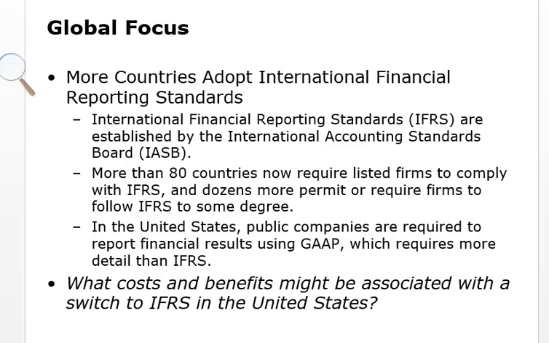In the United States, public companies are required to file using GAAP. They can't use the international standards because GAAP requires more detail. And international companies like Sony that want to be listed on the New York Stock Exchange have to prepare a set of GAAP-qualifying shareholder financial statements if they want to be on an American exchange directly.